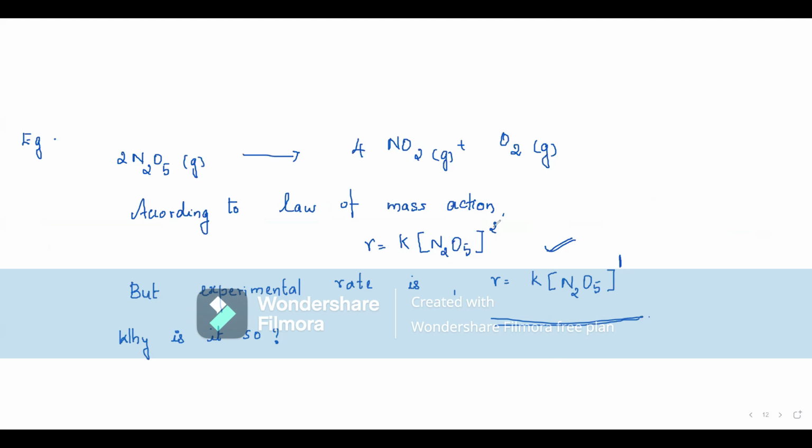As per LMA, the law of mass action, this is supposed to be the rate, but actual experiments have proved R is K into [N2O5] to the power of 1, though I have taken 2 moles of N2O5. Only 1 mole is affecting the rate of the reaction. So why is it so?